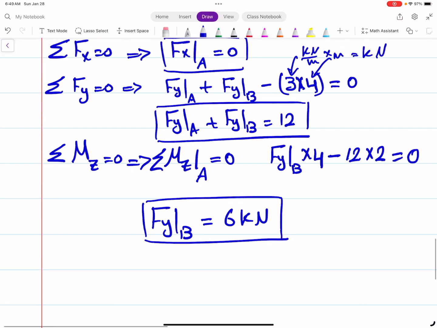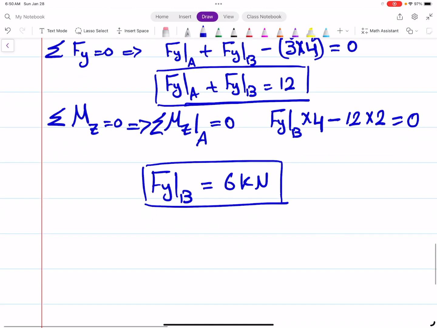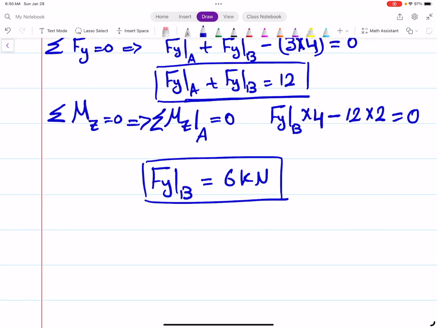Go back to the summation Fy equals 0 equation. Now you have Fyb equal to 6. So you want to get the Fya using the summation Fy equals 0 equation.